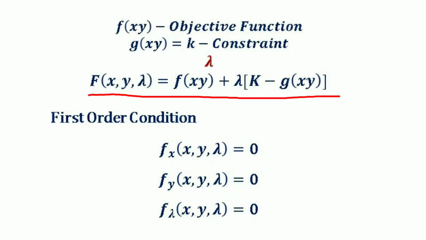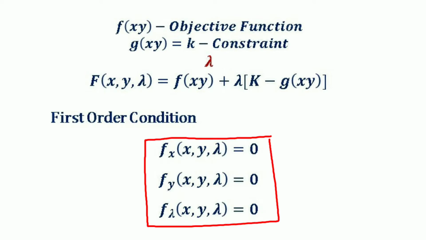Once we have formulated the Lagrangian function, the next stage is to find the critical values, that is, the values of x, y and lambda at which the function is optimized, which are found by taking the partial derivative of the function with respect to all three independent variables.